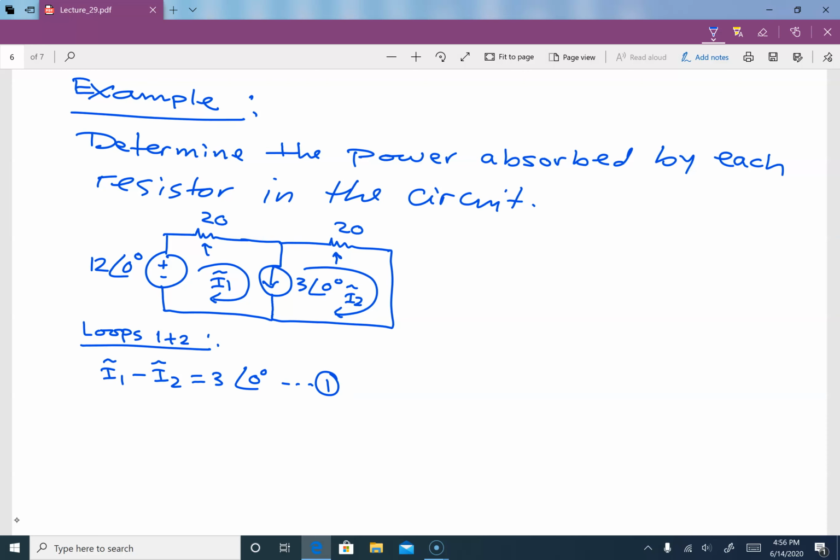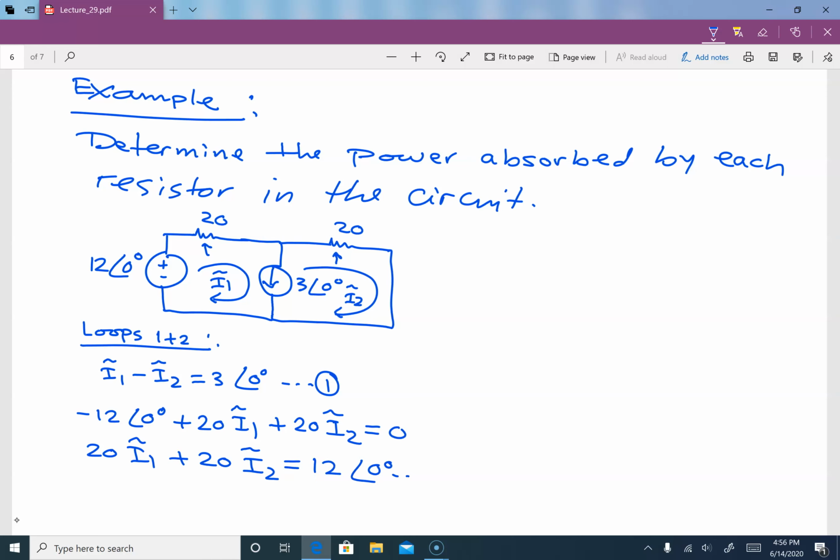Then the second equation, that is negative 12 with angle 0 plus 20 I1 plus 20 I2 is equal to 0. That means 20 I1 plus 20 I2 is equal to 12 with angle 0. And this is our second equation. So now solve these two equations. This is what we are going to get.